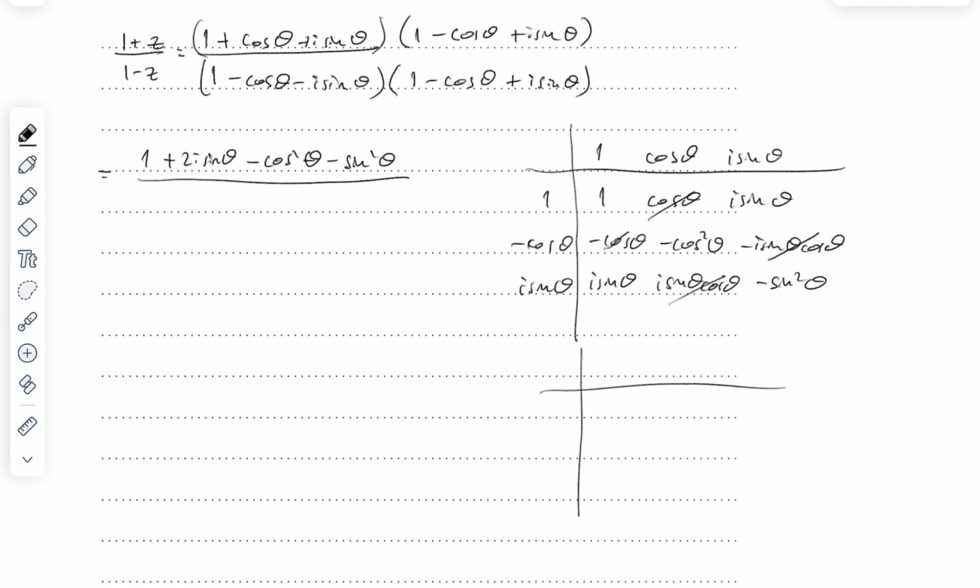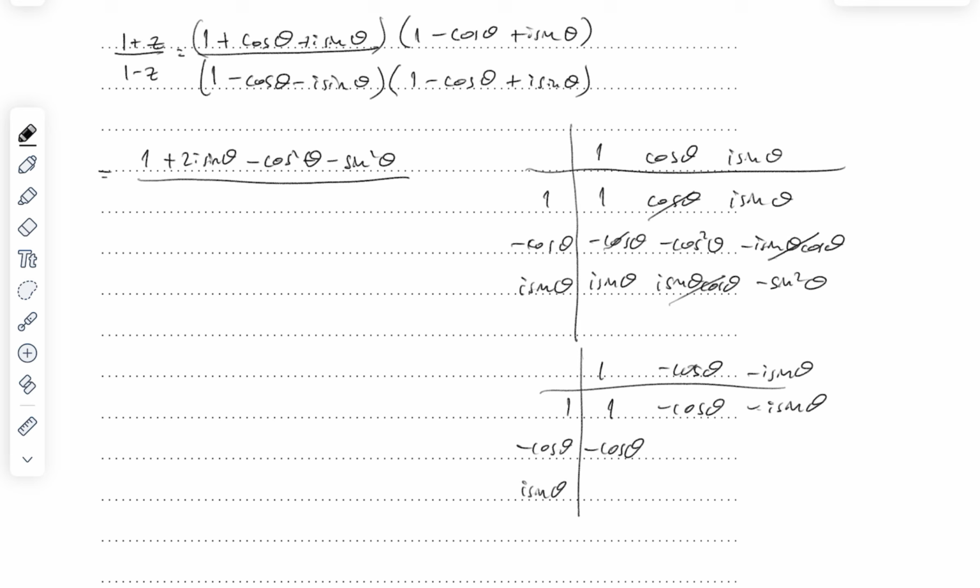which should come out nicely because we used a complex conjugate pair. 1, negative cosine theta, let's give ourselves a bit more space, 1, negative cosine theta and negative i sine theta.